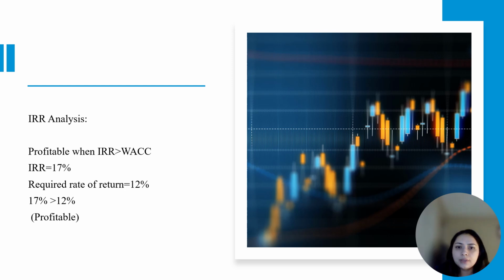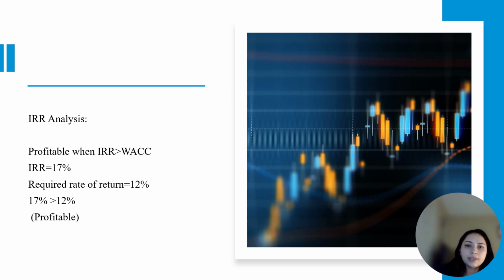As you can see, IRR is greater than the required rate of return, so the company will be profitable. The 17% IRR means that for every dollar you invested, you get back the dollar plus a 17% annual return, which is higher than the 12% cost of capital. So the company will be profitable.